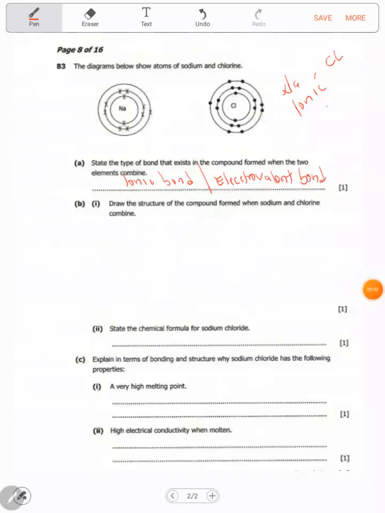Draw the structure of the compound formed when sodium and chlorine combine. What structure is formed when chlorine and sodium combine? They form sodium chloride. Now they want to draw the structure of the compound. So this is how we're going to draw it. Now remember, sodium is a metal.